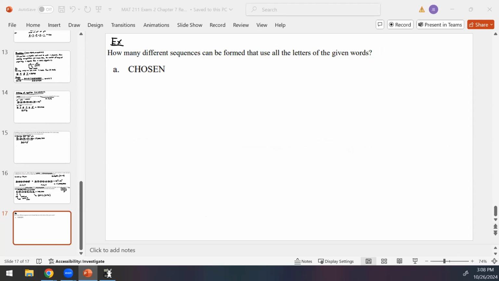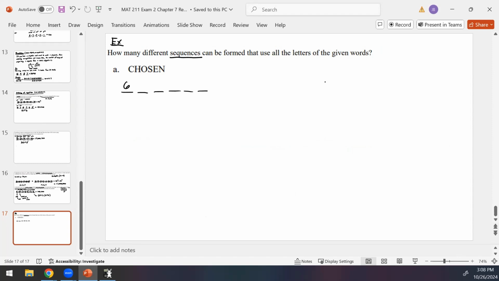So how many different sequences can be formed using all the letters that are given? So you see the word sequences, the definition of permutation and multiplication, sequences, that matters. That means order, right? So how many letters do I have? 1, 2, 3, 4, 5, 6. And so how many options do I have for my first letter?